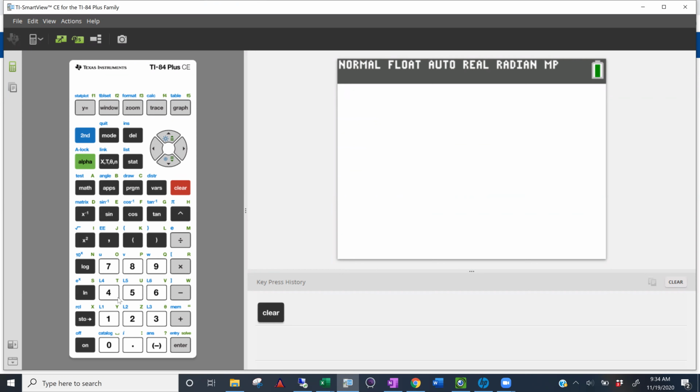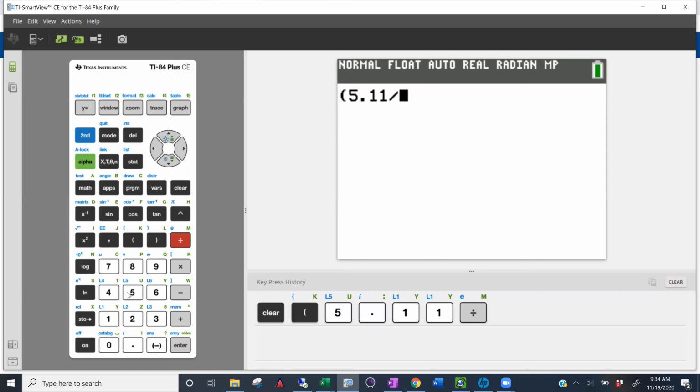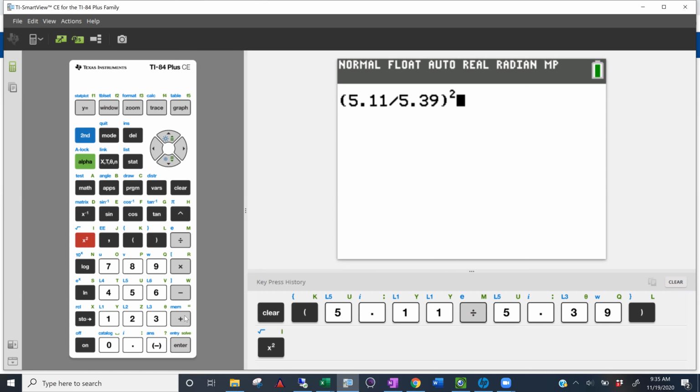If I just take parentheses 5.11 divided by 5.39 and square the whole thing, I should be able to get that exact F value. There you go, perfect. So the actual calculation itself is really simple. But what is that statistic telling us?